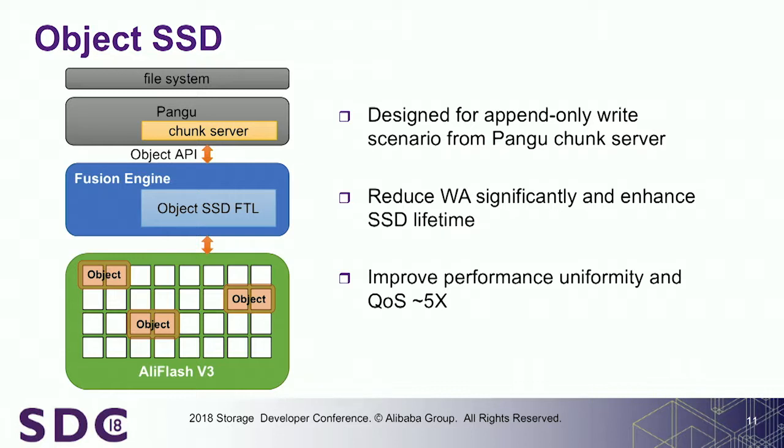In this customized FTL, we group multiple blocks together. You can think of it as a super block or band in the standard SSD concept. But with this object API, the delete granularity becomes the object. It's no longer just LBA or NAND blocks.